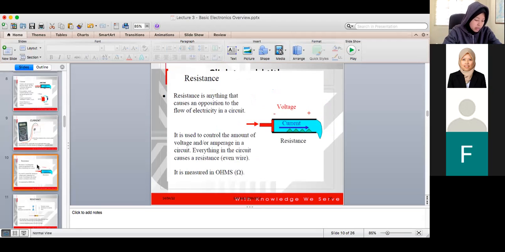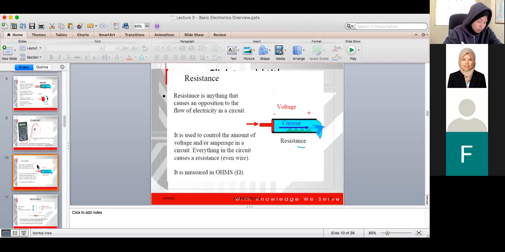Okay, resistance pula is anything that causes an opposition to the flow of electricity in the circuit. So bila tadi kita ada current yang flow, so whatever yang menyebabkan resistance ataupun yang menghalang the current to flow, kita panggil dia resistance. It is used to control the amount of voltage and or amperage in a circuit. Everything in the circuit causes a resistance, even wire.